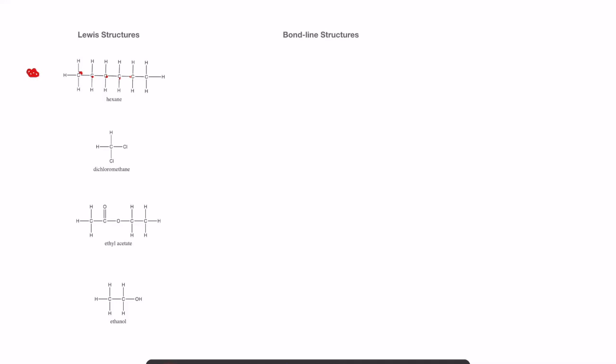So for bond line structures, what you need to realize is that each end of a line and each joint in a line is a carbon. So for hexane, which has 6 carbons, we'd do 1, 2, 3, 4, 5, 6.